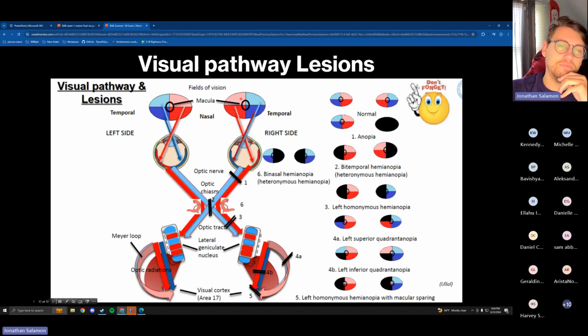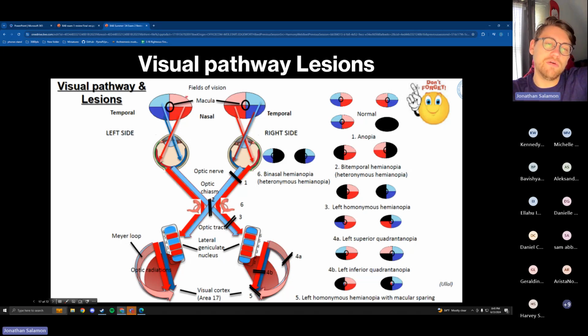If you lose the other half of your field of view, it's going to be an internal carotid aneurysm, pressing on the nerve on the side of the optic chiasm. Generally, this is not bilateral, because it would be really hard to have an aneurysm in both of your internal carotid arteries.